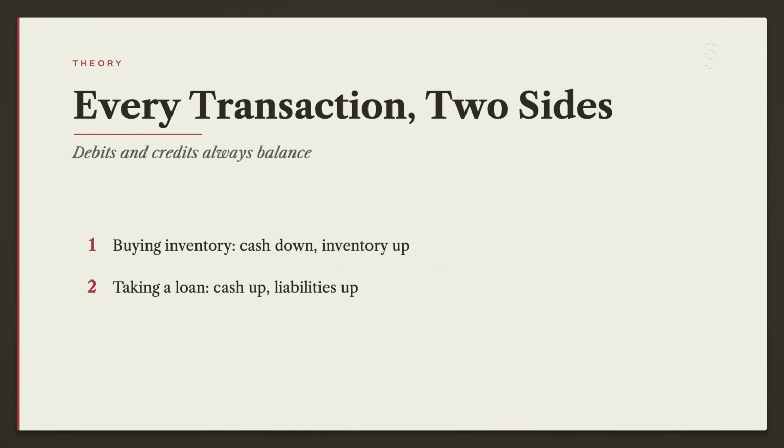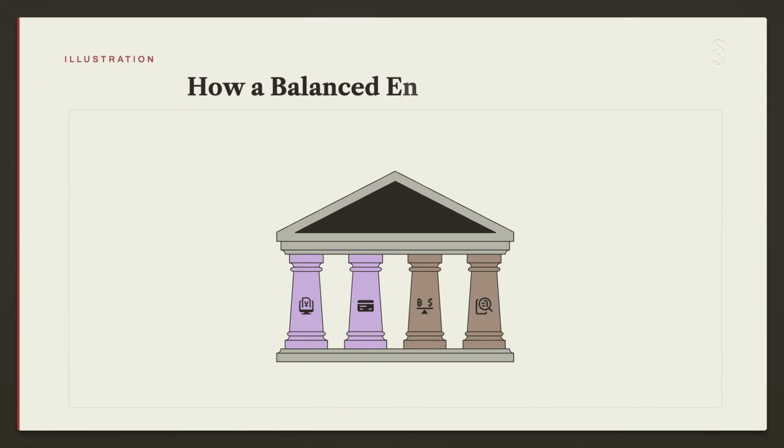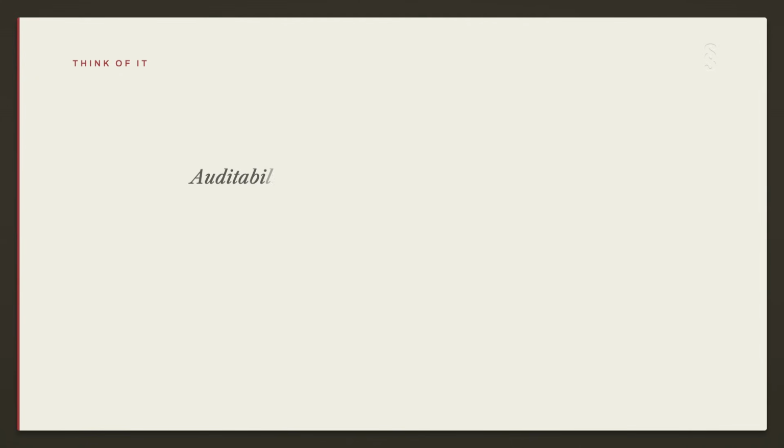Taking a loan increases cash and increases liabilities. The system captures not just what happened, but where the value came from and where it went. An invented entry must be balanced by another invented entry that has to appear somewhere plausible, and errors reveal themselves the moment the books stop balancing. That traceability is what makes accounts auditable.